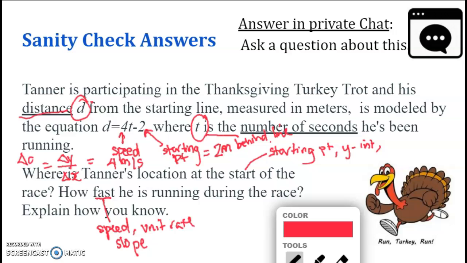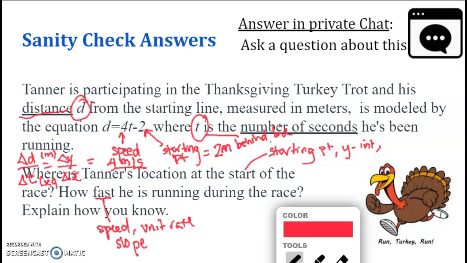So it's delta d over delta t. Distance is the unit at the top, that's the meters, and time is in seconds. So the unit is 4 meters per second, not 4 seconds per meter.